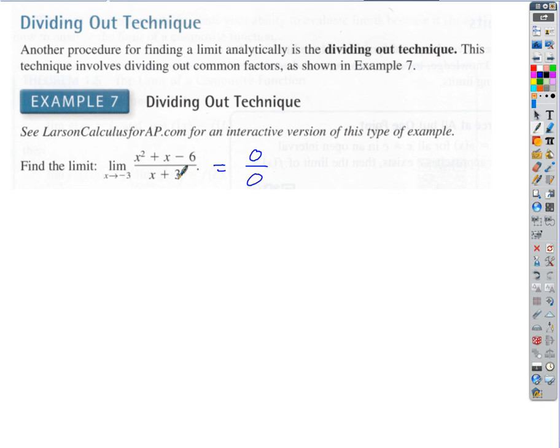The top must factor, it has to, because you have to be able to fill in that hole with another polynomial function, right? Does that make sense? You're absolutely guaranteed, before you even start the problem, you already know how it's going to go down. You know that somehow you're going to cancel the x plus 3's to fill in that hole, right? Now, if it were an asymptote, you can't do that, but if it's a hole, you can.